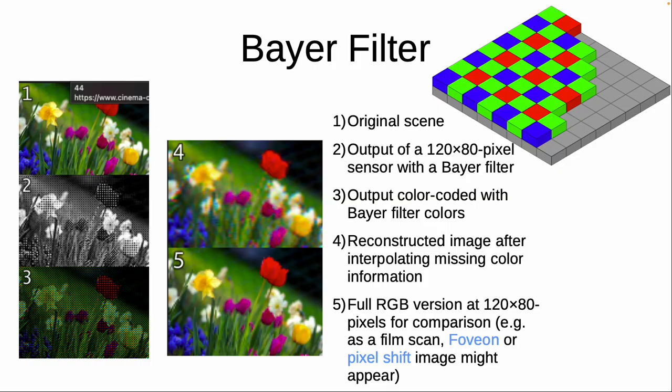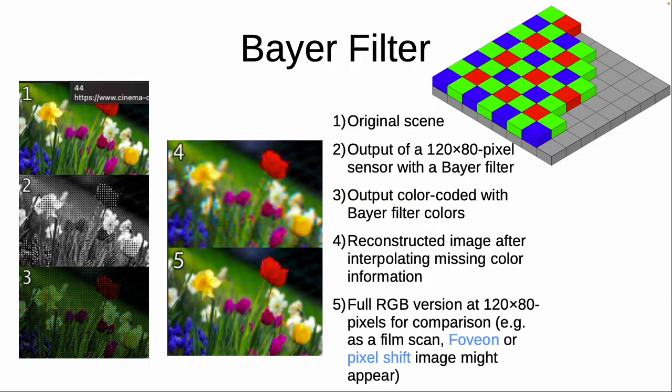Wikipedia has a very nice write-up about this. Image number 2 is what the gray board measures. Image number 3 is that same signal, but with the red, green, or blue pixels displayed, kind of the raw output.